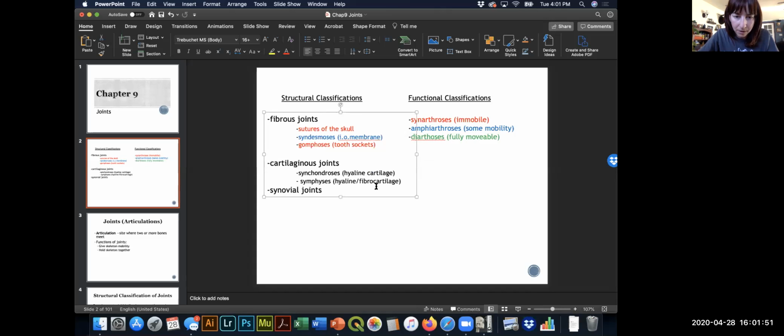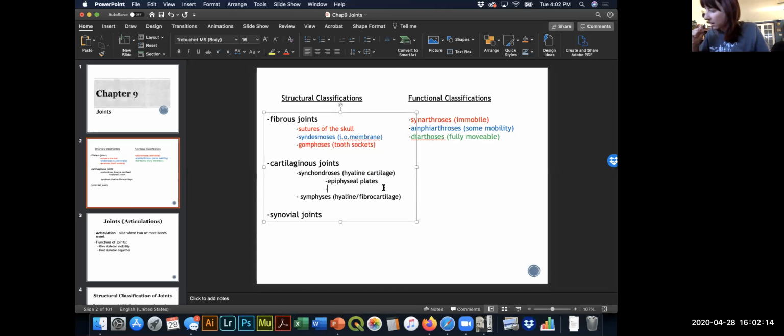And these, to take it down even further, are going to include your physeal plates, and I believe the costal cartilage of your ribs.